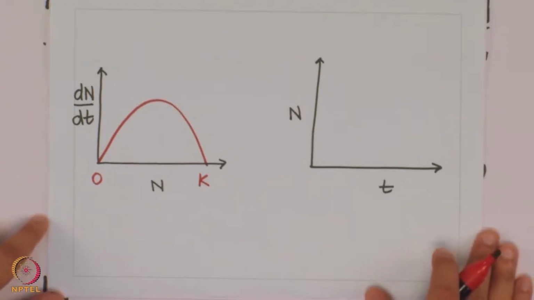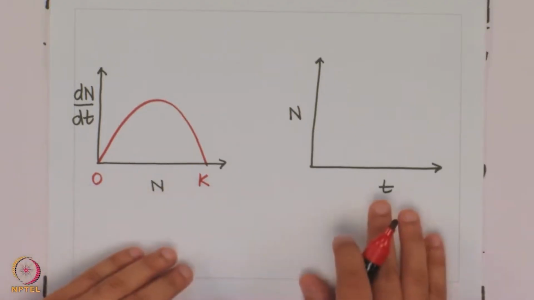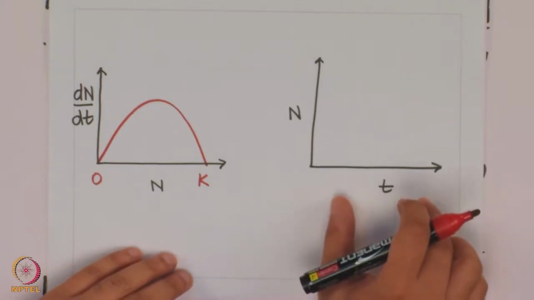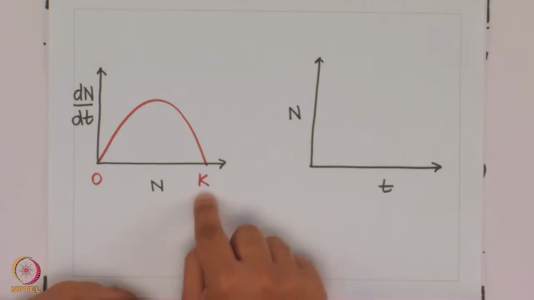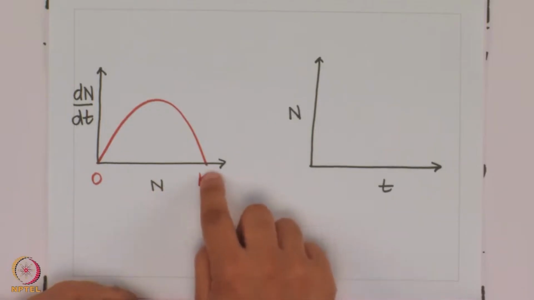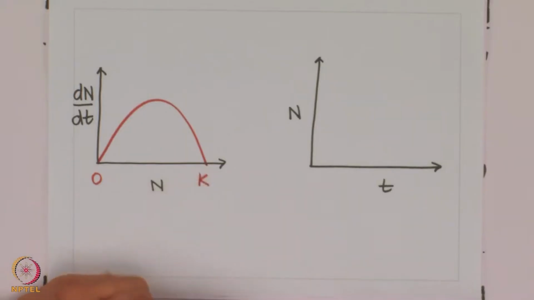So that's where we are, and using information from this graph, we want to qualitatively comment on the nature of this graph. We know that the bacterial population will not exceed k, because as it approaches k, the growth rate halts and dn by dt is 0, and this is a stable steady state of the system.